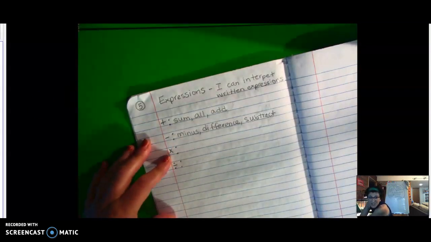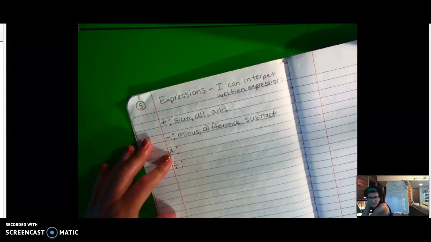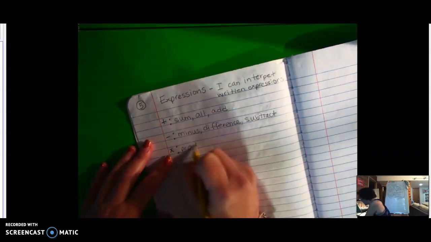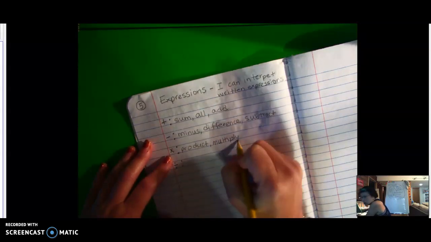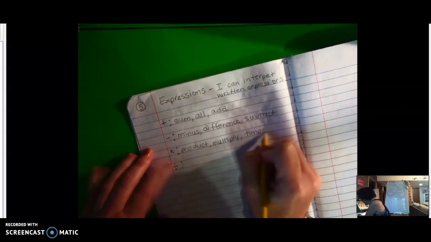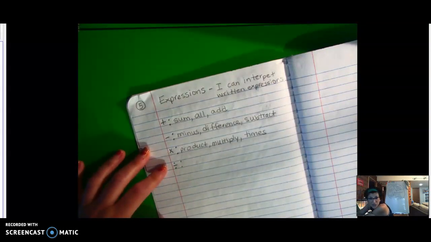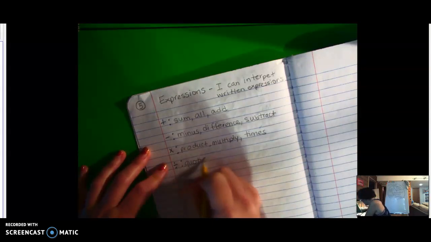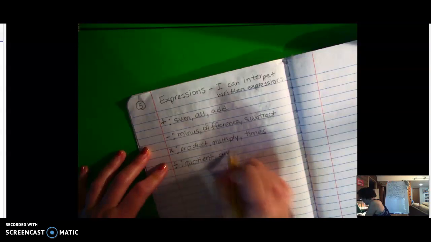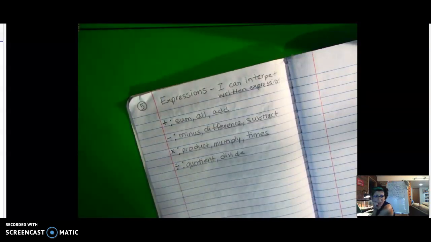For multiplication, we could use words like product or multiply or times. And for divide, we could do quotient or divide.